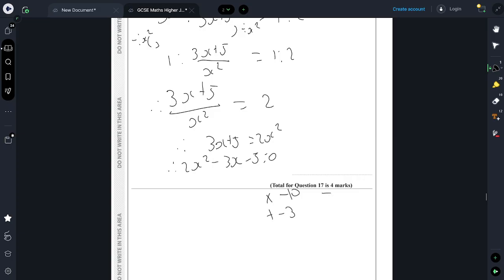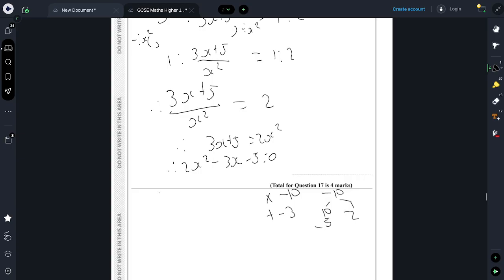Well, what are the factors of -10? 10 and 1, they won't add to give -3. No way. 5 and 2, yeah. So I think -5 and 2, because -5 times 2 is -10, and -5 add 2 is -3. So that's your answer here.